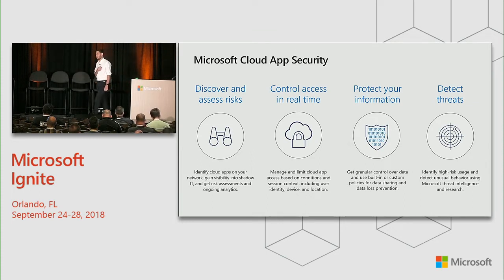As a CASB, we provide solutions and capabilities in 4 major pillars. The first one is Shadow IT discovery. Basically, as an organization, the first thing that I want to know is which applications are being used in the cloud. Think about that. Today with SaaS applications, let's assume that someone from my marketing team would like to use Slack for their team. They will just go ahead, put in their credit card, and start to use Slack, right?